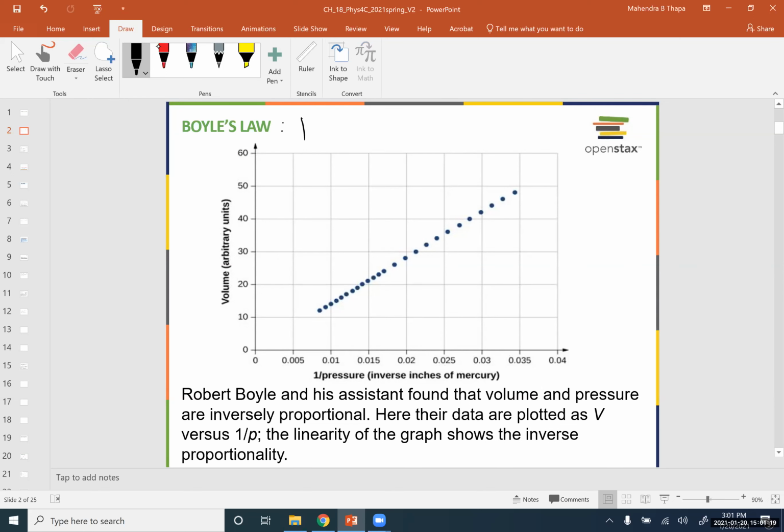the relation between pressure and volume of a gas, but we have to keep the temperature constant.